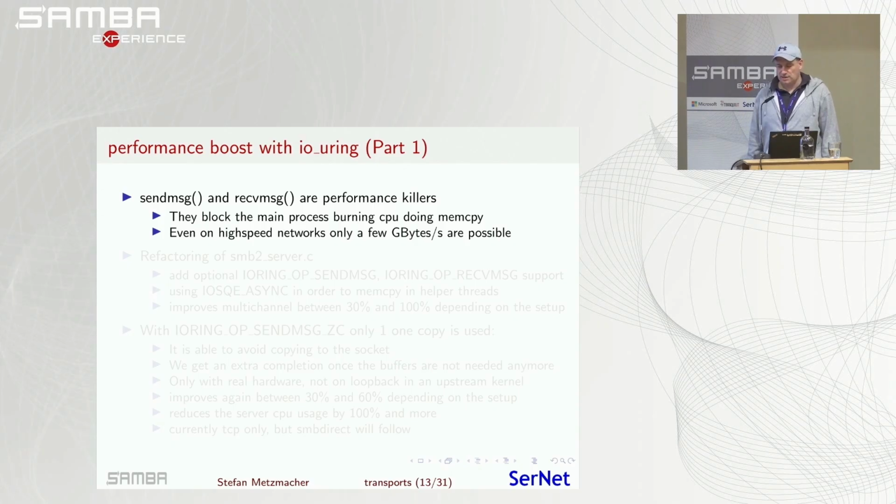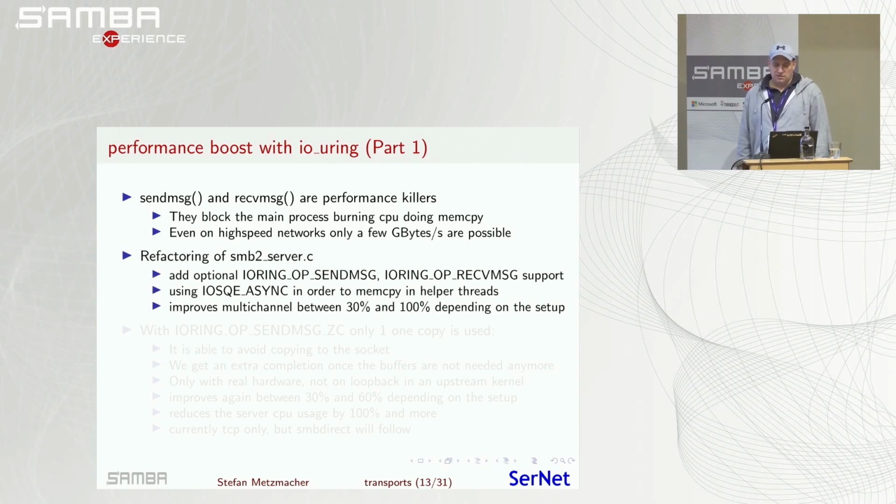And even on high-speed networks, we only get a few gigabytes per second with this, depending on the hardware. I saw sometimes just 3 gigabytes per second or 7 gigabytes per second on newer machines, but so basically this is bound to the CPU and the ability to do the mem copy, and it's not bound to the network interface.